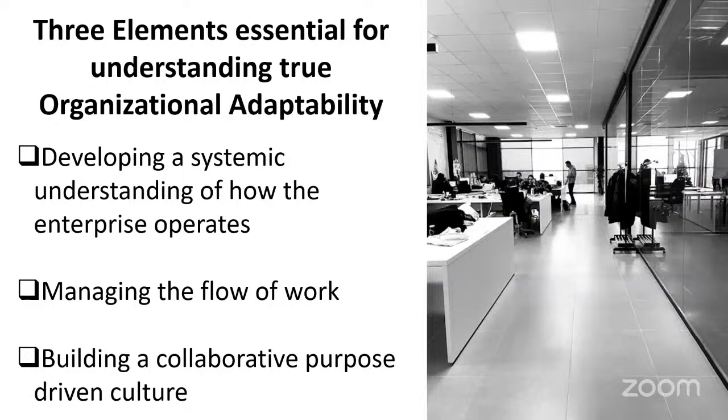So what are the elements essential for understanding true organizational adaptability? We already know that the market is changing. Every day, a lot of changes happen. And now in this age of AI, a lot of changes are happening at a very fast pace. It's difficult for organizations to adapt easily.